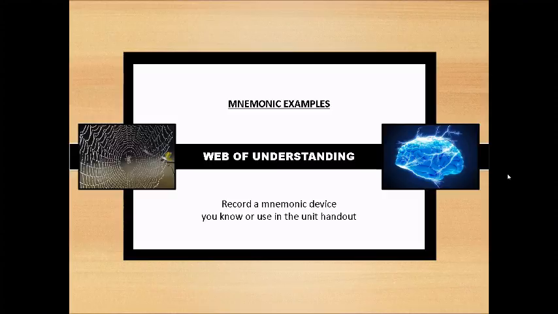But maybe talk with your parents or a sibling or a friend about mnemonic devices and find one that you can write down. You can wait until you have the unit handout and complete this, or you can write it on a separate sheet of paper and staple that to your unit handout when you return.